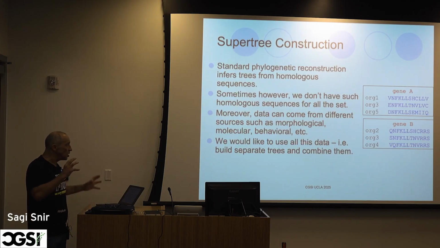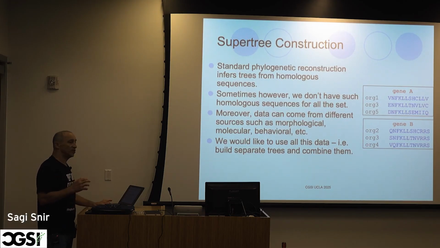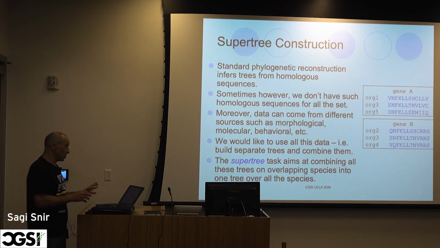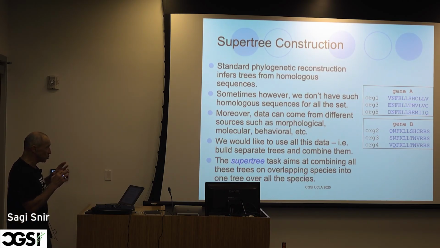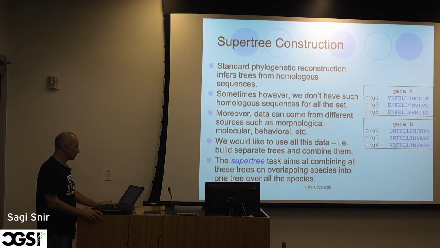We want to use all this data to construct one big tree over the entire species set. This is the supertree task: combining all these signals into one summarizing, concluding history.